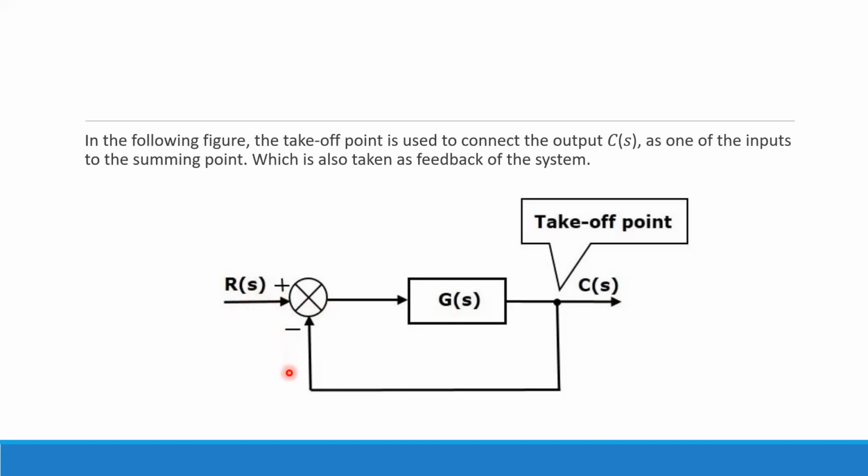So R of S will be plus, then H of S will be negative, and as per the values of these, the next input signal will be corrected. Okay, so it is important to understand what a takeoff point is for a feedback.